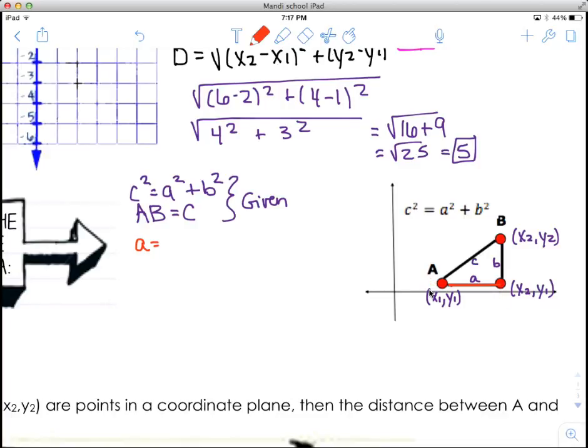That would be the distance between them. And if we wanted to find B, so here's B right here, we would want to take this point on the y minus this point on the y.